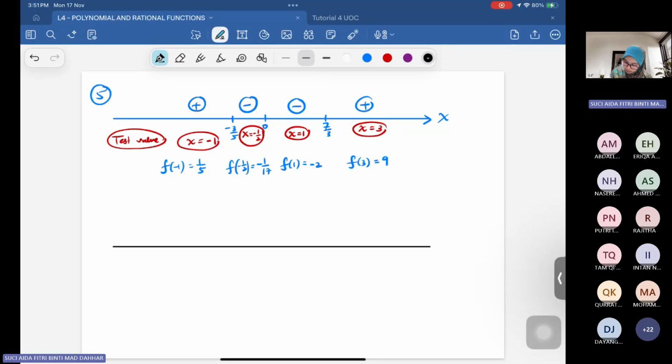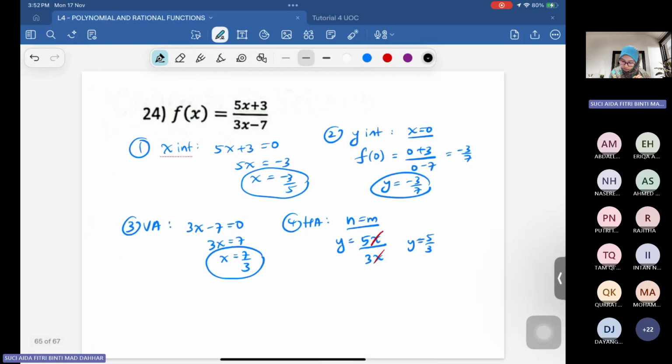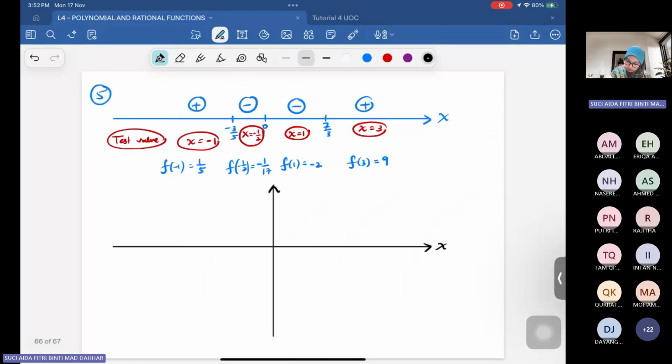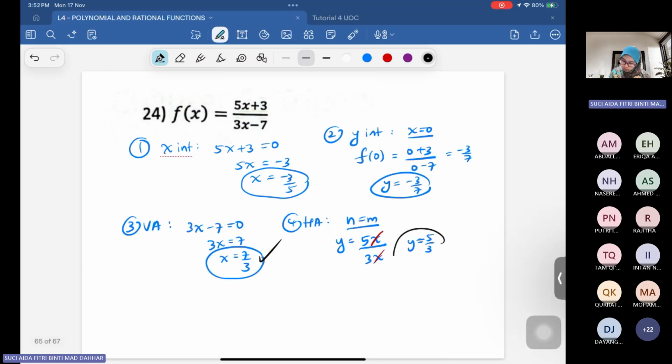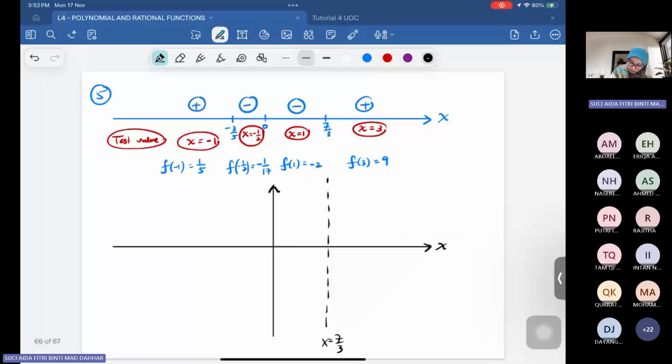Okay. Now we are ready to sketch them. That's our x-axis, y-axis at 0. Now, what is our asymptote? At 7 over 3 here, x equals to 7 over 3. And then our horizontal asymptote is at 5 over 3.